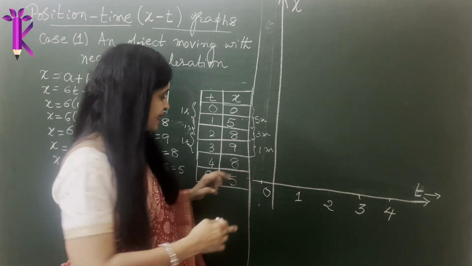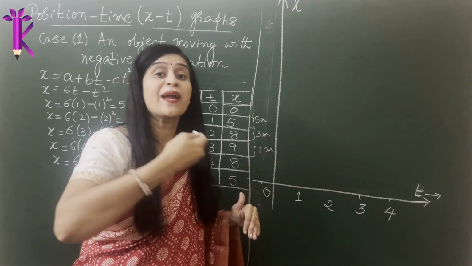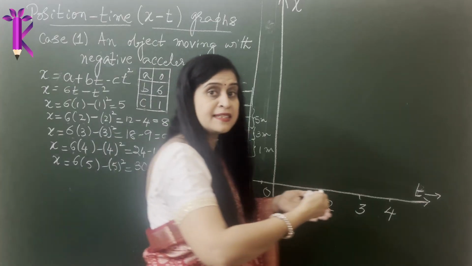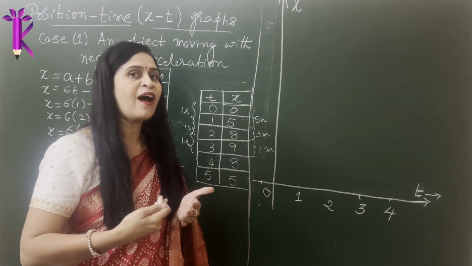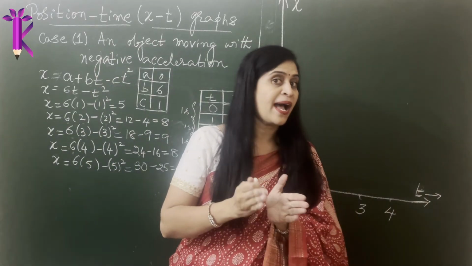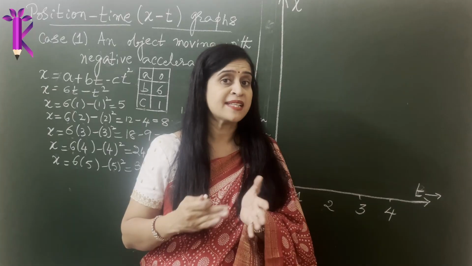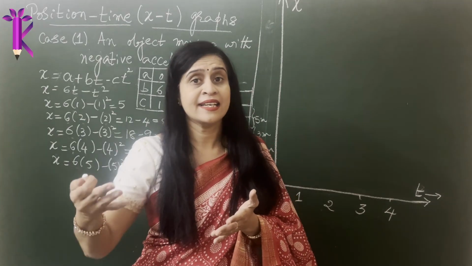Why is it minus 3? Because 5 minus 8 is minus 3, as it is moving in the backward direction. So it has covered 3 meters in the backward direction. This we call taking reverse, or in physics this negative acceleration is referred to as retardation, or deceleration.